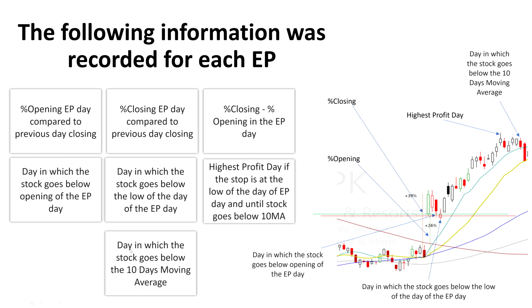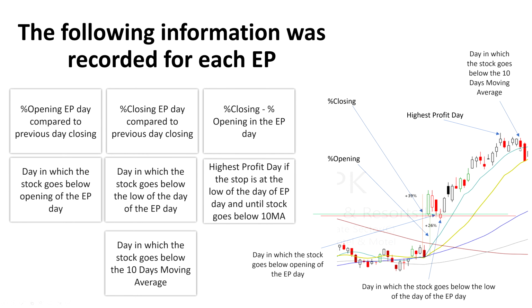And then the last thing I did is to try to track the day in which the stock goes below the 10 days moving average. So this is the 10 days moving average, and you see here it's surfing very nicely, but at the moment it goes below it, this is the day in which it goes below. So I track this for every EP I studied.